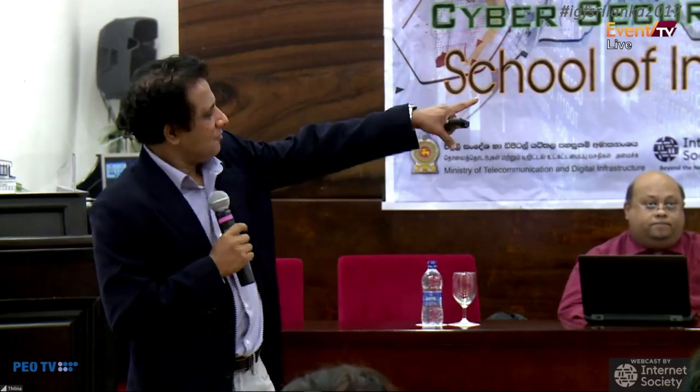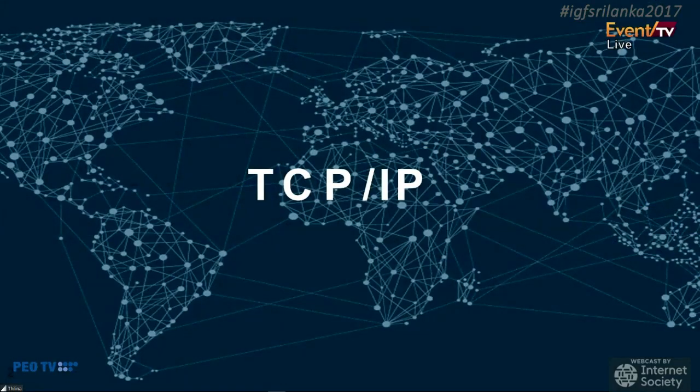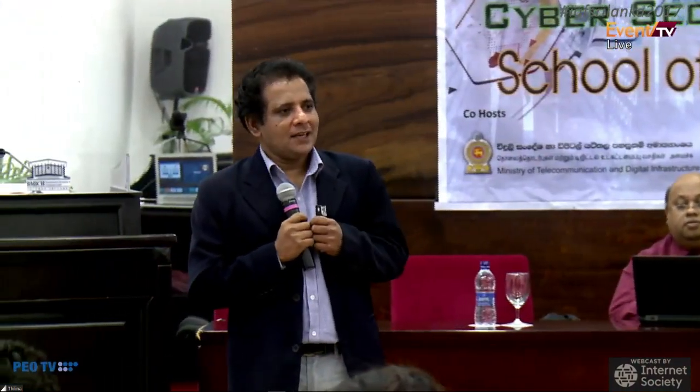Now, what is the purpose of this? What does it do? What does TCP do and what does IP do? So we said, it's a standard, it's a protocol, right? It's a kind of language, right?